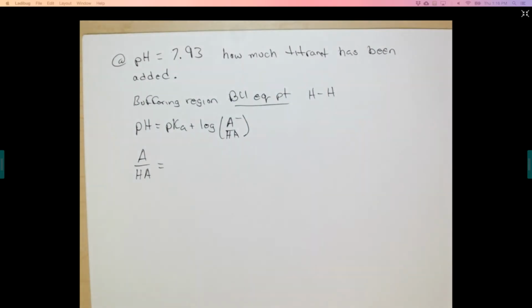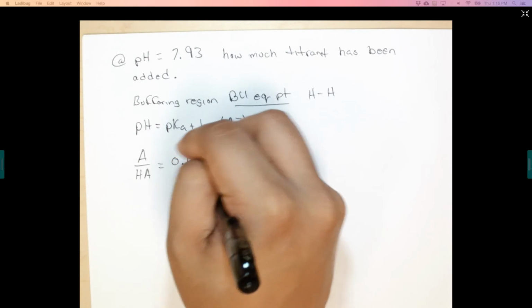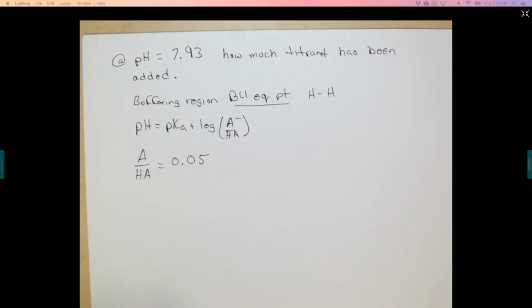The log of the ratio of A over HA is equal to the pH 7.93 minus the negative log of the Ka, 5.9 e to the negative 10, which is negative 1.3, and then if we take the inverse of that, we get roughly 0.05. So we get a ratio that's 0.05.